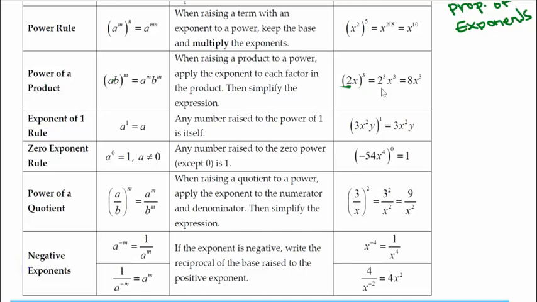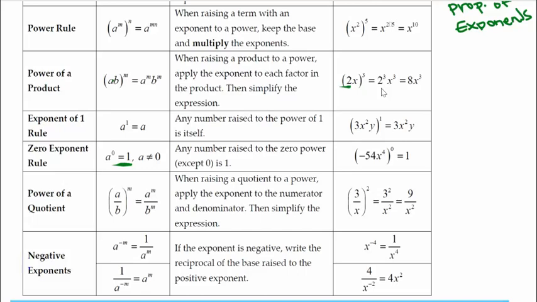Anything raised to the 0 power, though, is always 1. Okay, and I'm going to show you a little bit there, like how you can come up with that. Here in just a minute, I'll show you that. But notice here we have something crazy written inside, all raised to the 0 power. Well, that's just going to be 1. Okay, anything to the 0 power is 1.